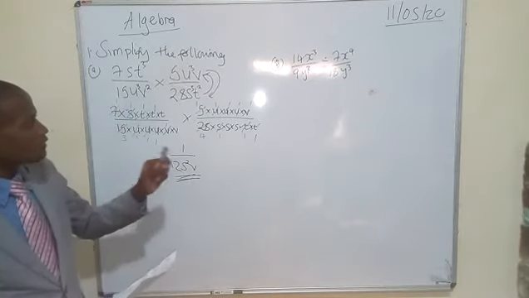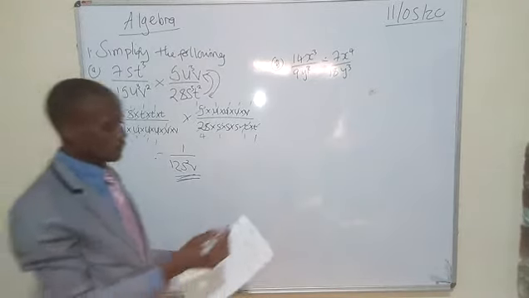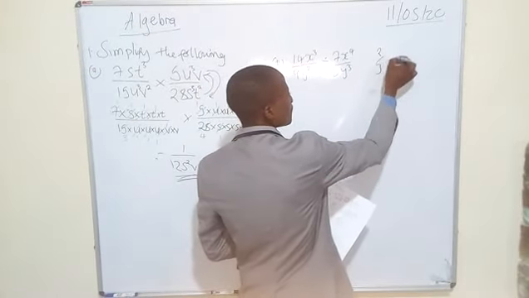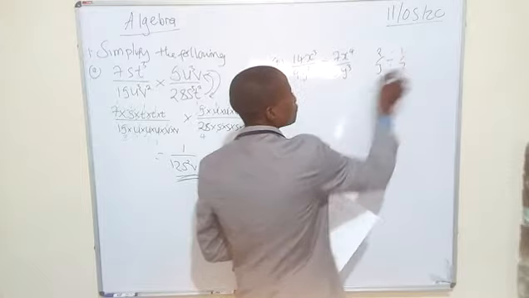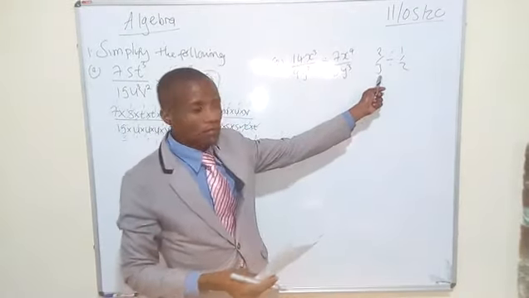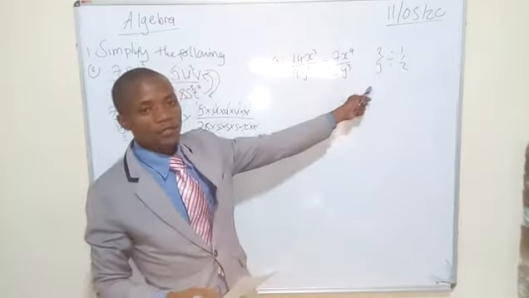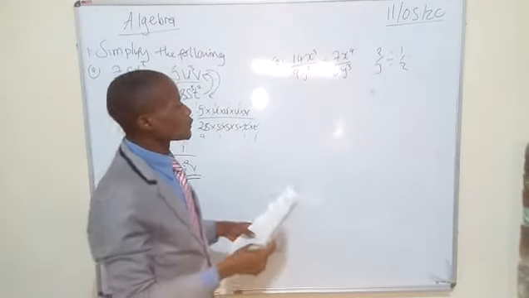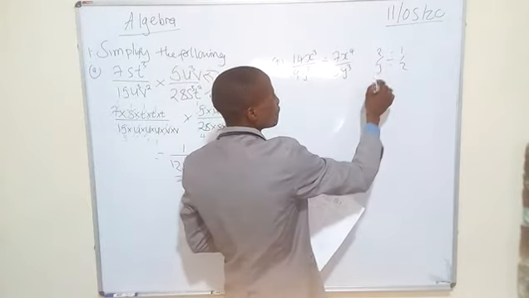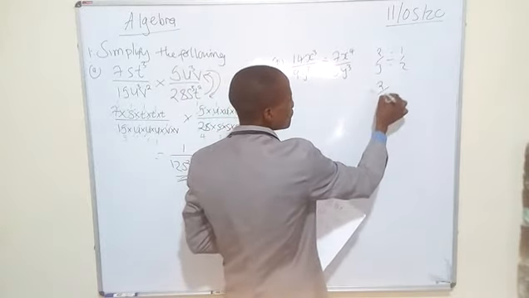The way we divide the fraction is not different from the way we solve simple fractions, such as 2 over 3 divided by 1 over 2. We write the first part the way it is, which is 2 over 3.